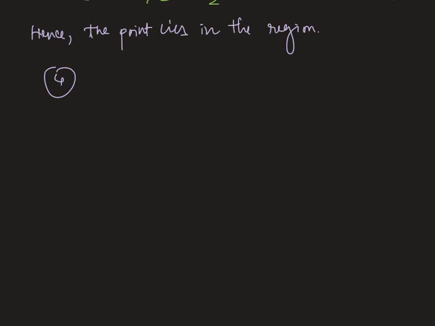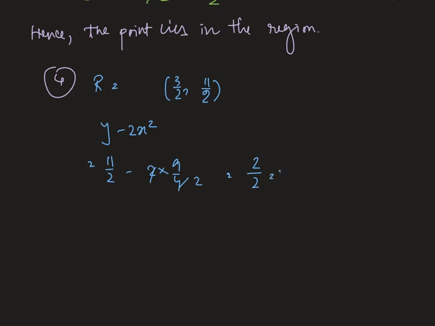Now the point R is (3/2, 11/2). Let's first check for y minus 2x squared. That means 11/2 minus 2 into 9/4. Hence we get 2 by 2, which is equal to 1, that means greater than 0. So it satisfies the first equation. Now let's check for the next one.